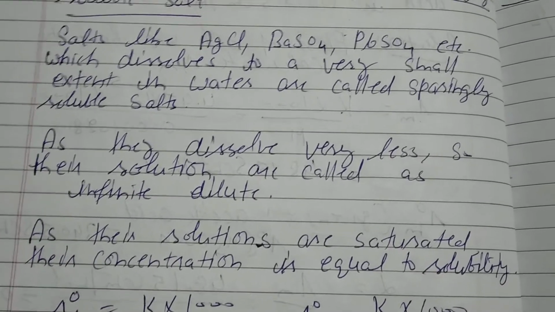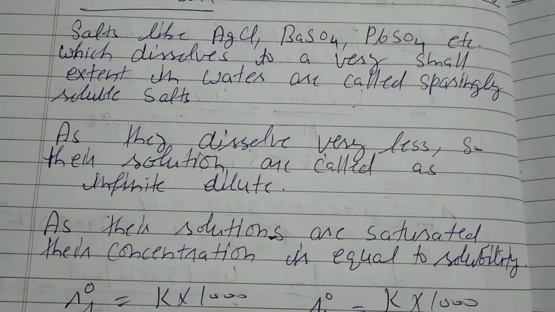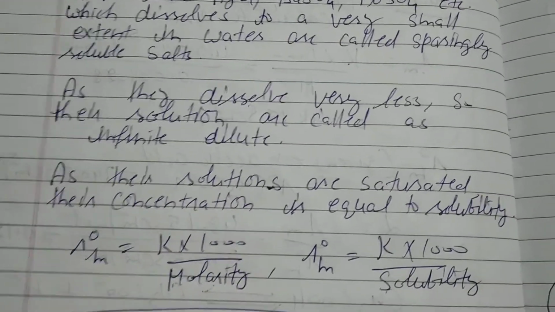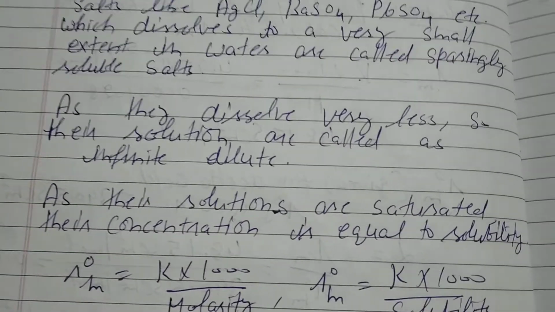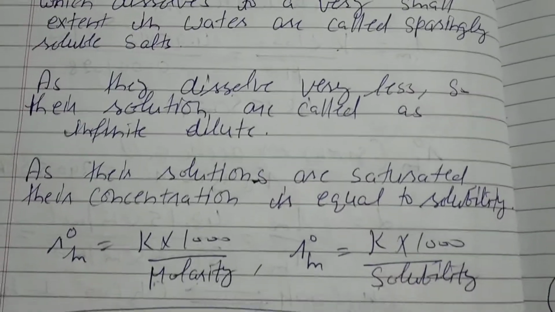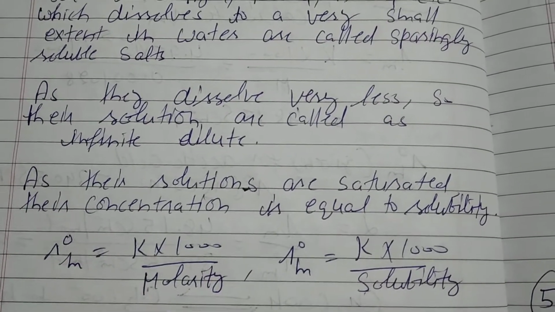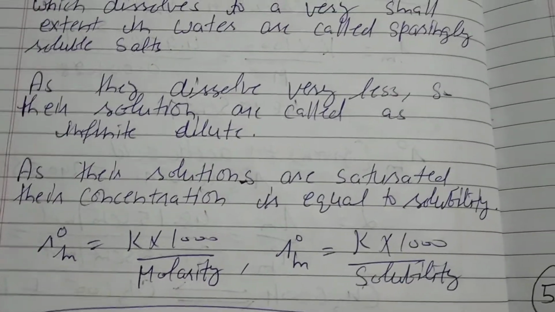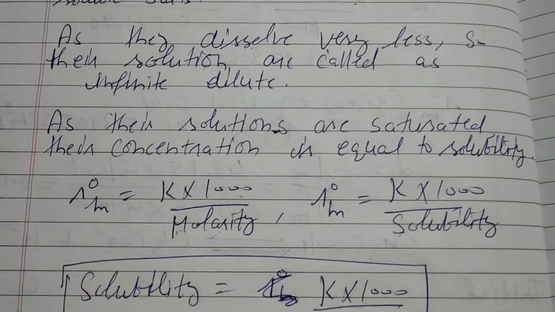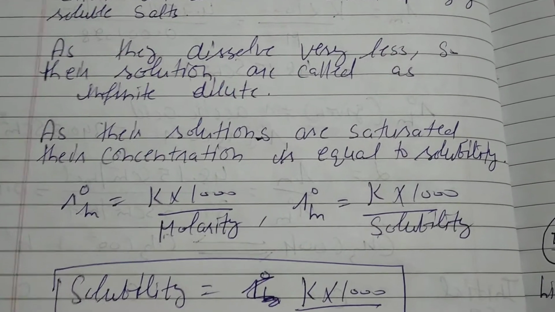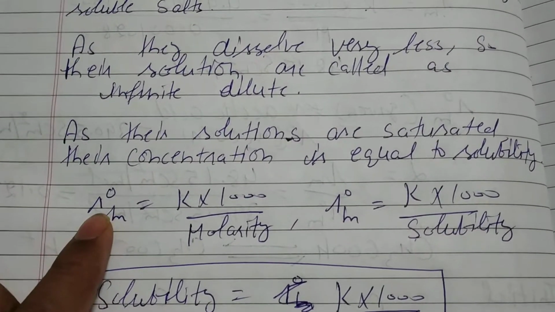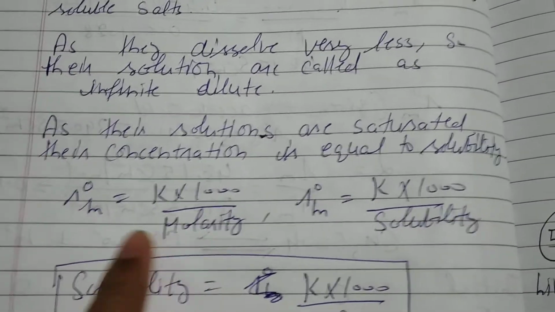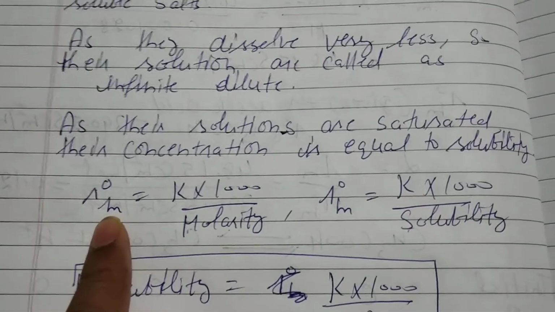As they dissolve very little, what will we call their solution? Their solutions are called infinitely dilute, because they dissolve very little. As their solutions are saturated, very little has dissolved as much as was to dissolve. Their concentration is equal to solubility, so at that time we take their concentration as equal to solubility. So we know that Λ°m is equal to kappa into 1000 by molarity. This is the molar conductivity at infinite dilution.